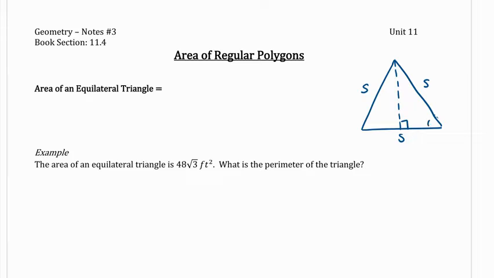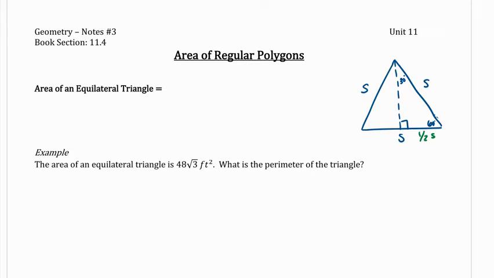So this is a 60-degree angle, and then this is a 30-degree angle because that altitude splits it in half. So this part of the side would be 1/2 S.